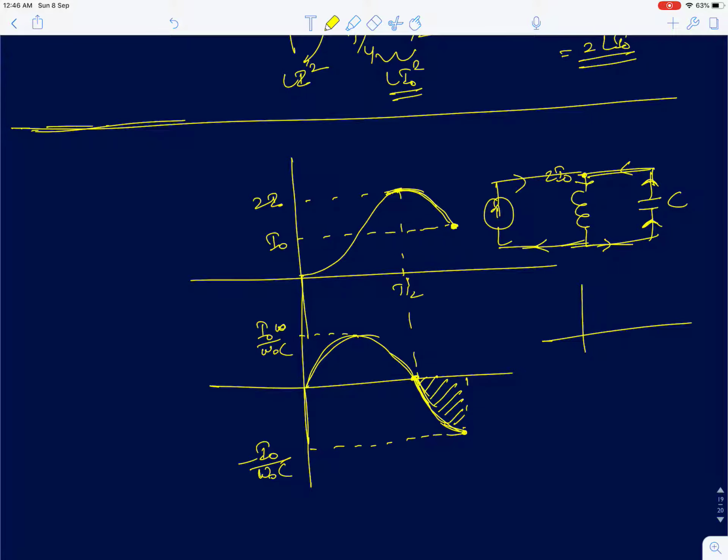I said that for the inductor to build a current, we integrate one quarter cycle of voltage I naught by omega naught C. If I integrate this, 1 by L times the integral of the voltage, we got that value to be I naught. In the same way, when the voltage is negative and I integrate, I get minus I naught, which means the inductor has lost a current of I naught.